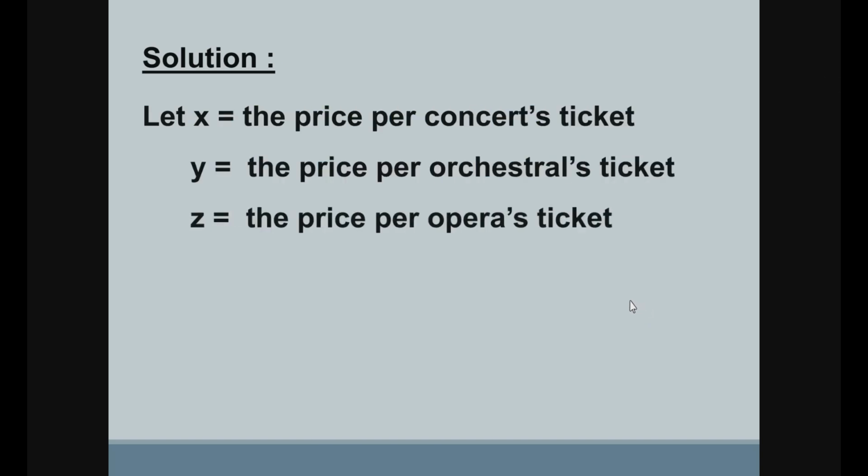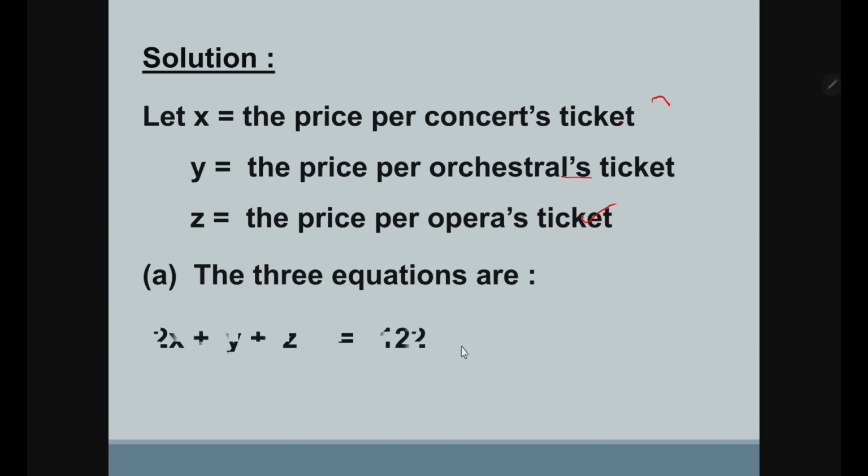Okay, for the first question, we let x, y, z. Okay, x is the price per concert ticket, orchestra and opera. The 3 equations are for Ali just now. Ali, 2x plus y plus z equal to 122.